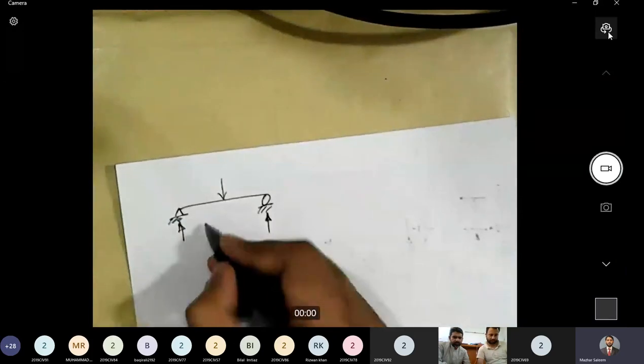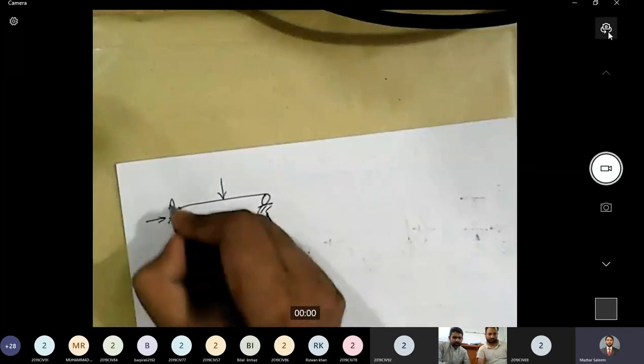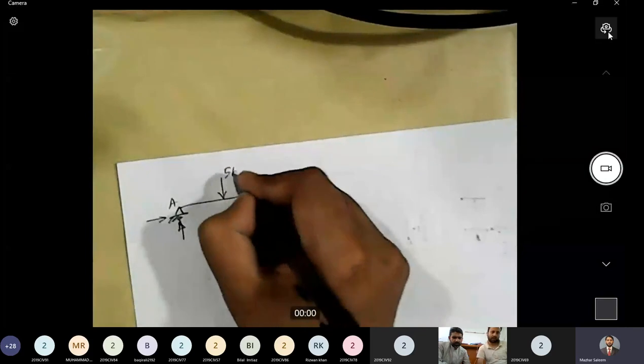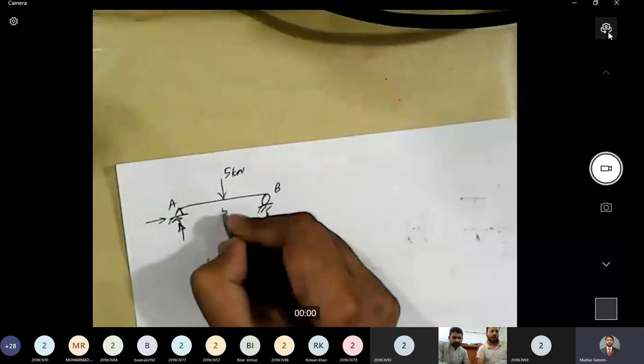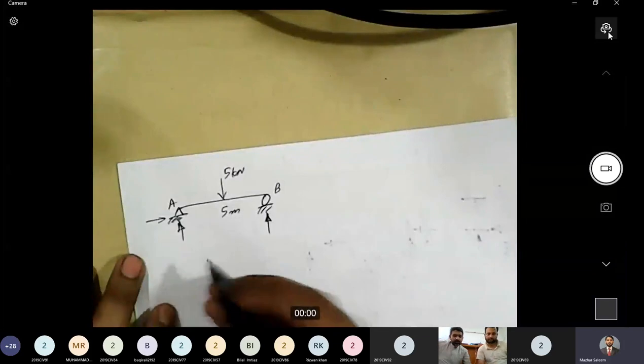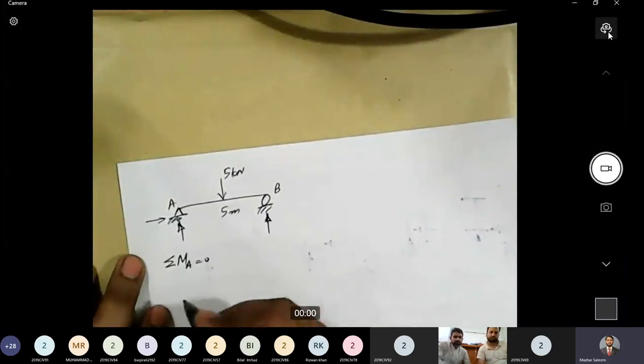If this point is A and this point is B, and this load is, let's say, 5 kilonewton, and this span is 5 meter, then I will take the sum of moments about point A, sigma MA equal to 0.